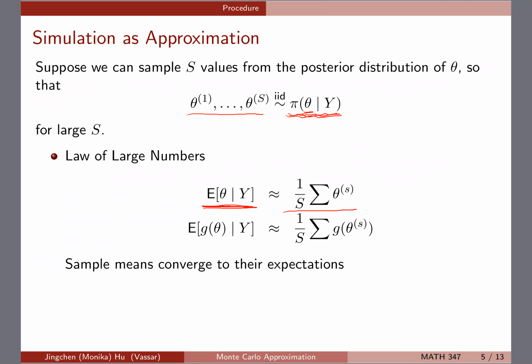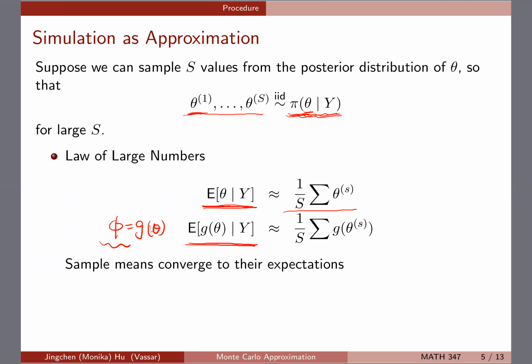One step further, if you're curious about the function of theta, which is what we were talking about, remember it's phi. If I want to know the mean of phi, then you do one step further: you first of all have a bunch of draws about theta, right?